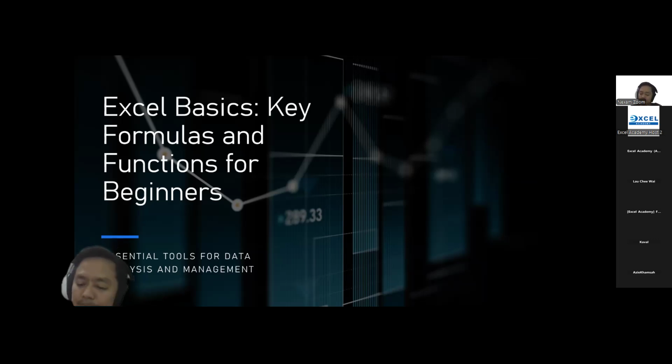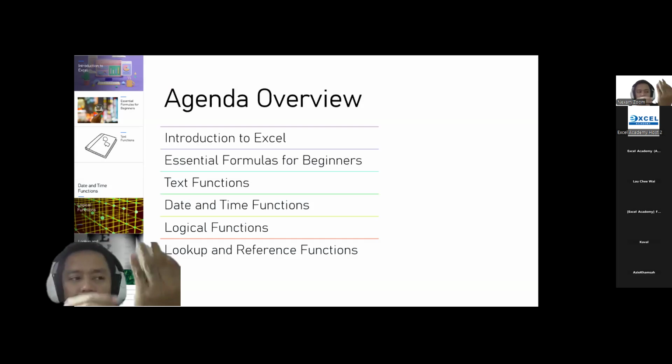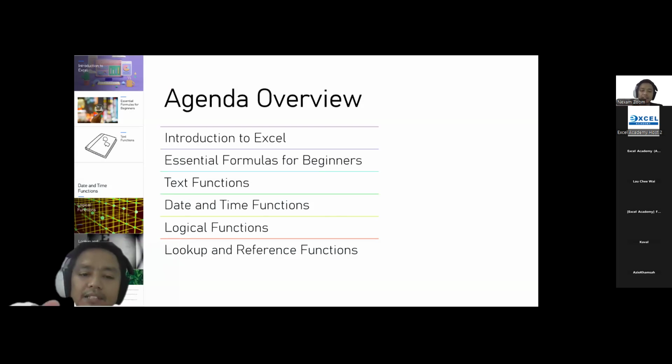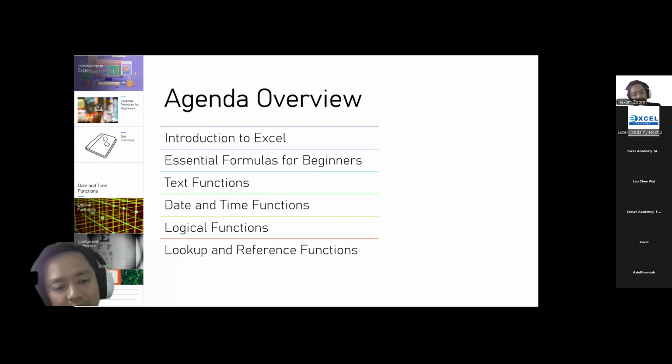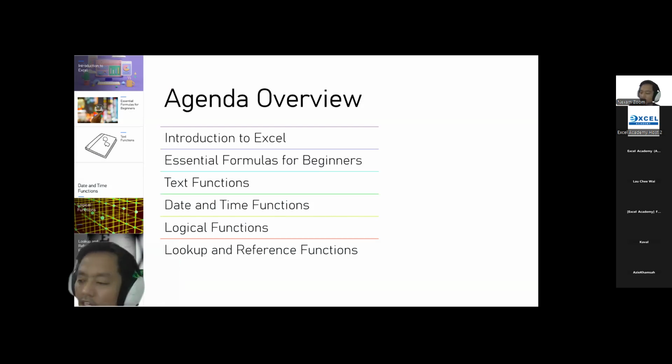All right, so let's start. From here I'm going to tell you about the introduction to Excel, and then Excel formulas for beginners, certain Excel formulas. Those formulas consist of text functions, date and time functions, logical functions, and lookup and reference functions. Believe me, throughout the years of using Excel, most of the time you only need this kind of formula.